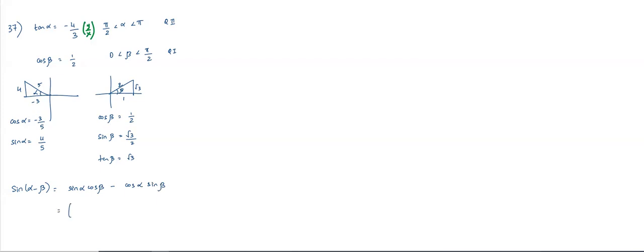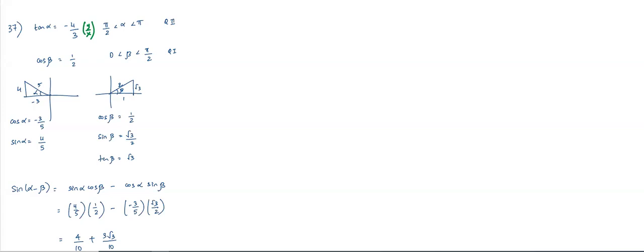Sine A is 4/5, cosine B is 1/2, minus cosine A is negative 3/5 and sine B is √3/2. Then multiply: 4/10 plus 3√3/10. So that gives me 4 plus 3√3 all over 10 as my answer.